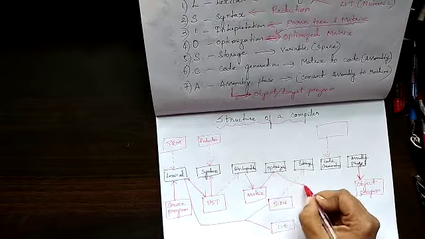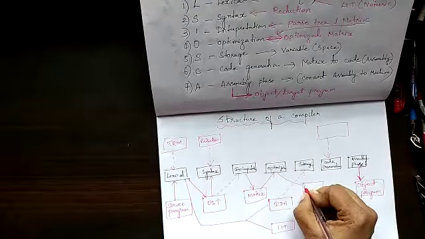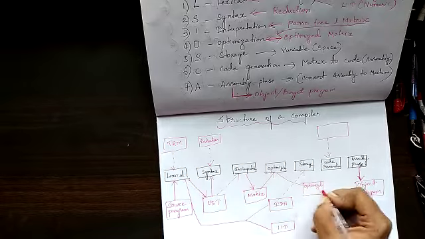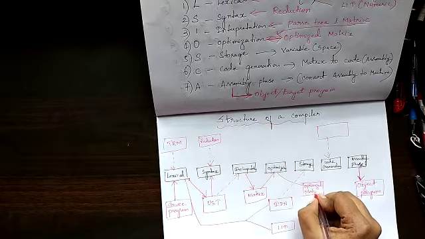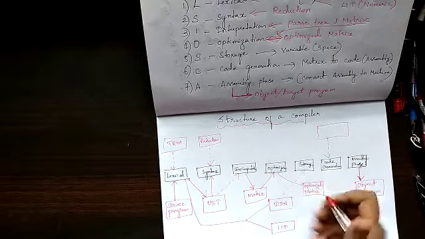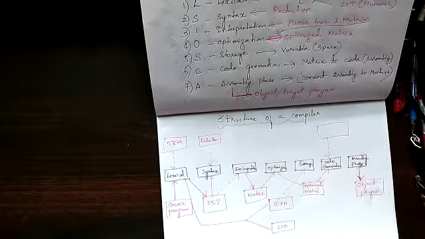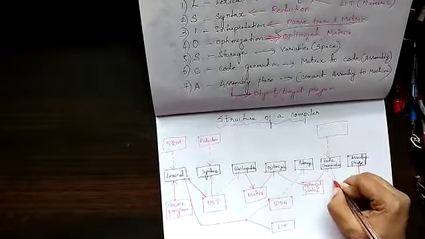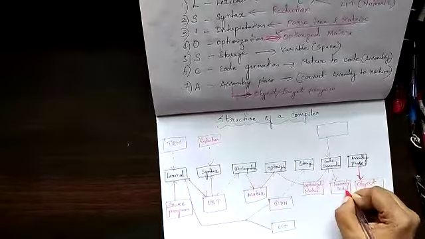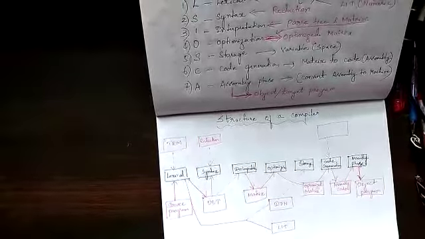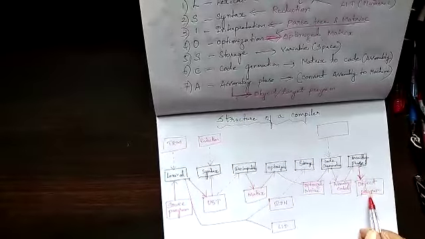The optimization phase will give us the optimized matrix. The same will be given to the code generation phase. The code generation phase will create assembly code. The assembly code created by the code generation phase is given as input to the assembly phase, which will give the object program.